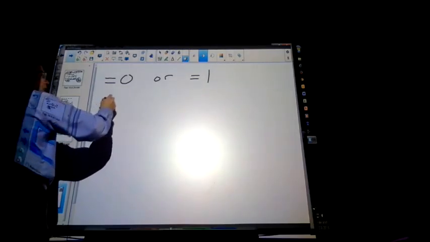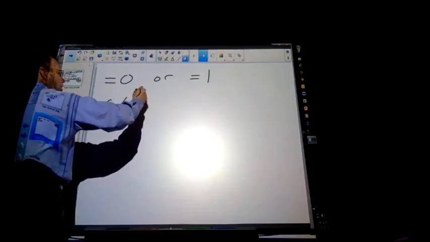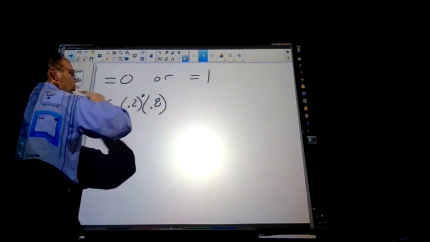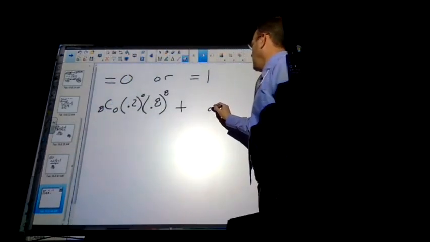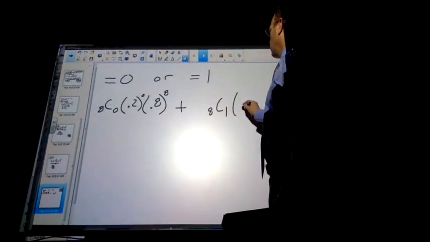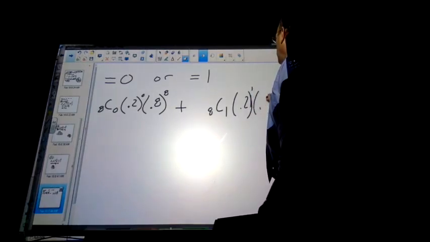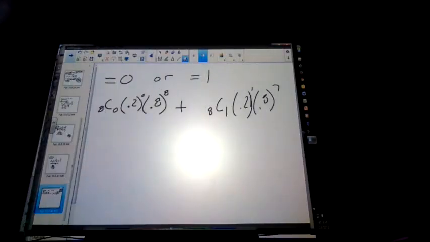So this is going to be 8 choose 0, 0.2 raised to the 0, 0.8 raised to the 8th, plus 8 choose 1, 0.2 to the first, 0.8 to the 7th. So we want to add those 2 outcomes together. Do it. Figure it out.